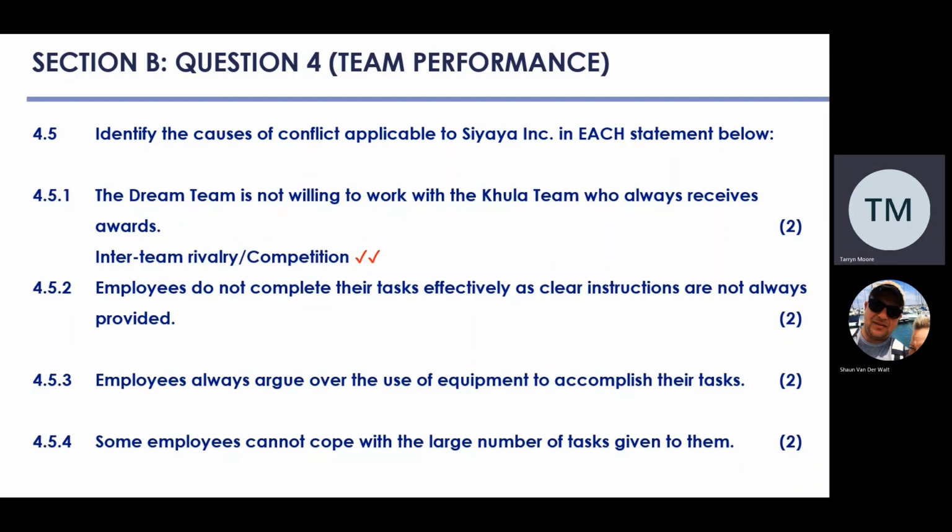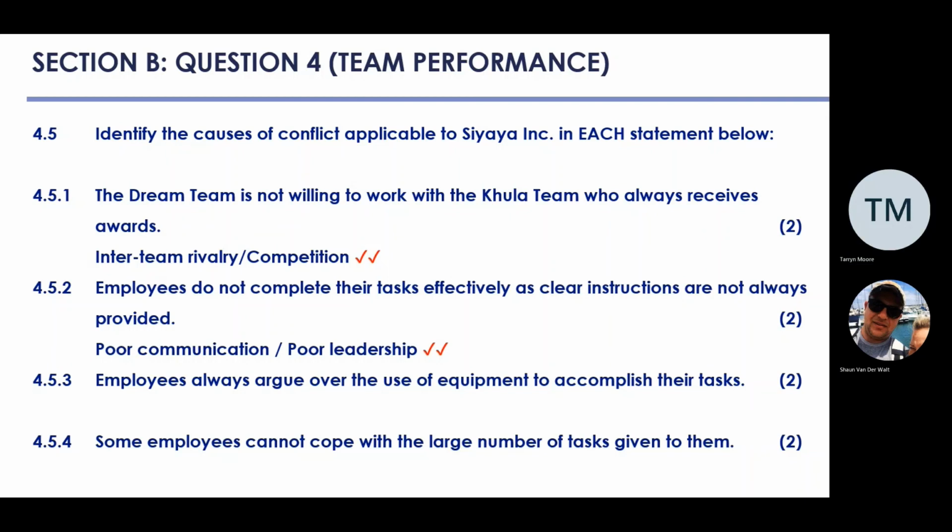2 marks. 4.5.2, employees do not complete their tasks effectively as clear instructions are not always provided. The clear instructions leads me to believe that there is poor communication or a lack of communication or even a lack of leadership for 2 marks. 4.5.3, employees always argue over the use of neon lights, important equipment to accomplish their tasks.